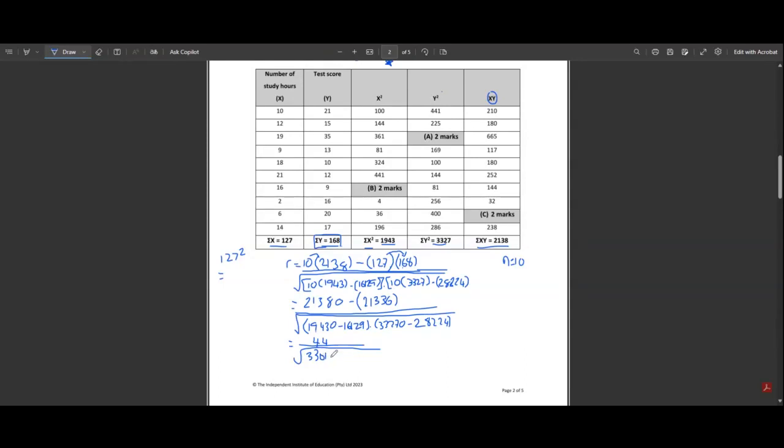Okay. And then I'm going to put the brackets in to remind ourselves. Okay, so then we need 33.270 minus 28224. 5046. Correct.